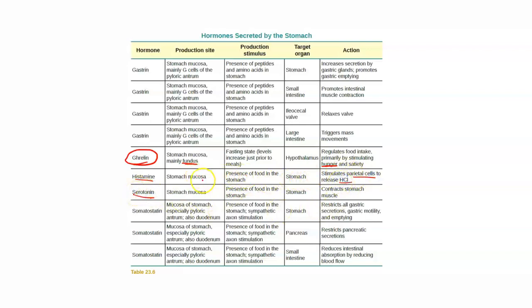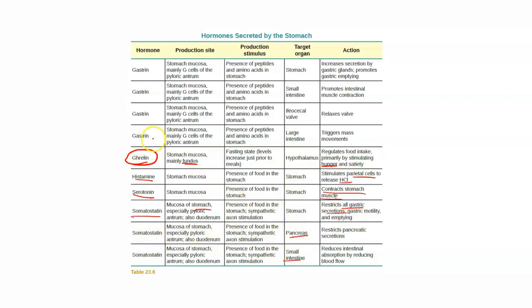Serotonin, also made in the stomach, causes contraction of the stomach muscle. Somatostatin, made in the stomach, different regions, restricts the gastric secretions, so this would be like an antagonistic hormone. And depending on where it's going, it can have some different roles.